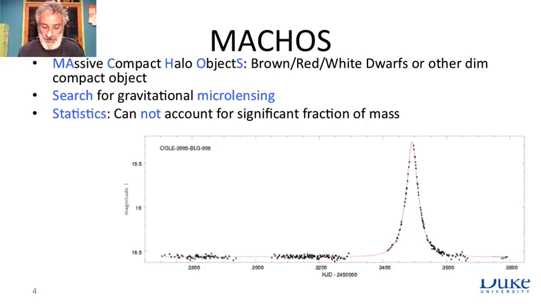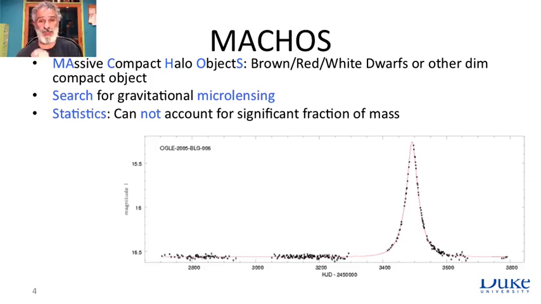So what we see here is the light curve of a star that is not a variable star. There's no periodicity, but its brightness suddenly intensified quite significantly for a period of about 30 days and then dimmed back. We have measurements here in black and a theoretical model in red that explains what was going on.